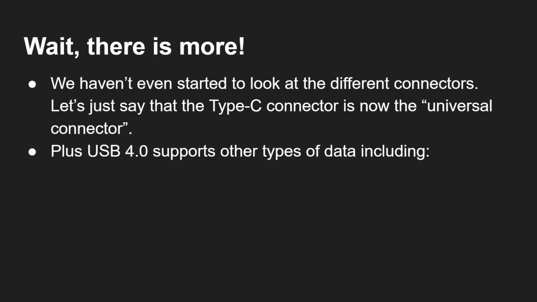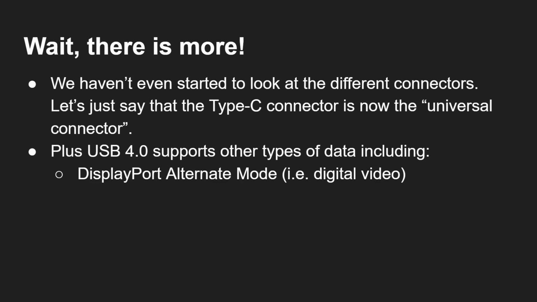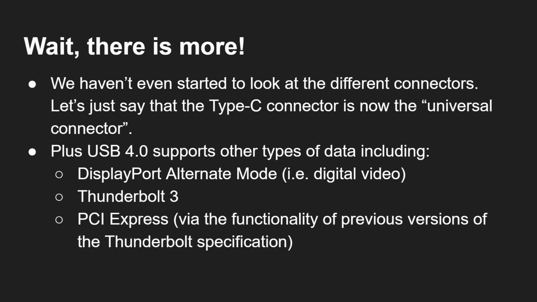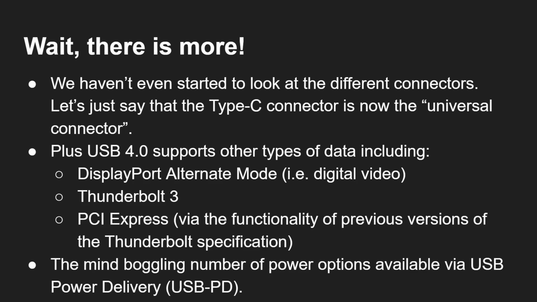It doesn't have to have only the Thunderbolt and the USB data going over it. It can have DisplayPort in alternative mode. And so, for example, on a Mac, which we'll talk more about in a minute, you can actually plug an external monitor in using USB-C, not only a Mac, on other laptops as well. And of course, it supports Thunderbolt 3 and PCI Express functionality, as you find built in there to the Thunderbolt specification.